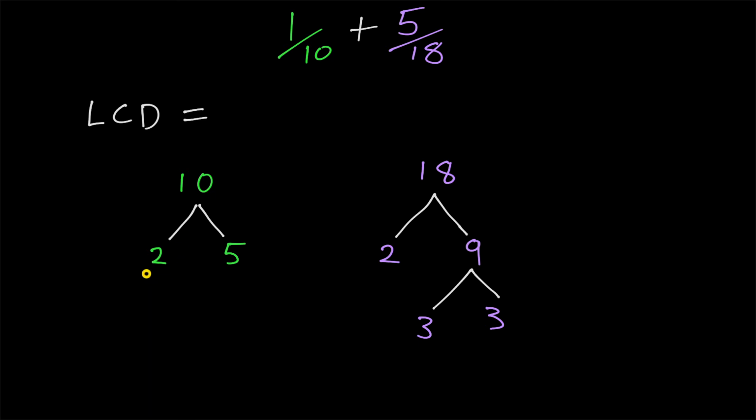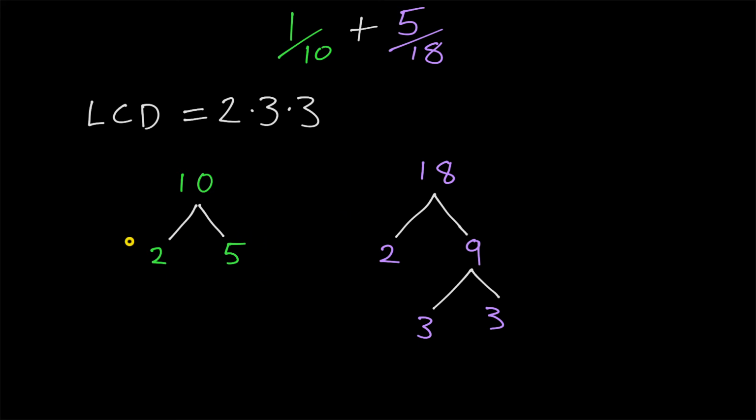So 2 appears with power 1 in this prime factorization. 2 also appears just once in this prime factorization, so we're going to have a 2. Now what about 3? 3 does not appear in the first prime factorization, but 3 appears twice in the second, so we're going to have times 3 times 3.